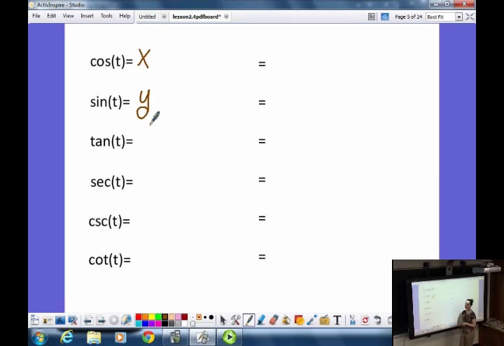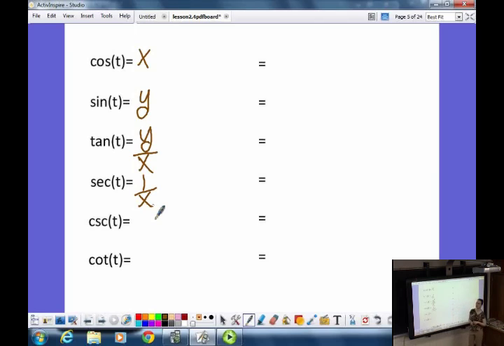So what's tangent of t in terms of x and y? Really close. Y over x, right. We're going to put our sine over our cosine. And then secant, what's it the reciprocal of? Cosine, right. So if we want to switch the numerator and denominator of cosine of t, what would that end up being? 1 over x.